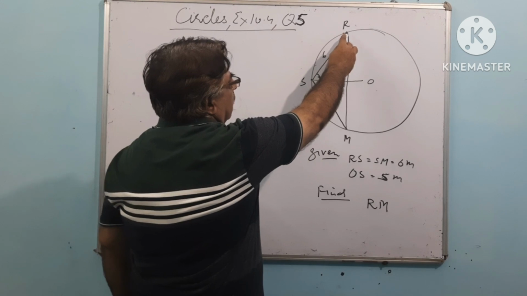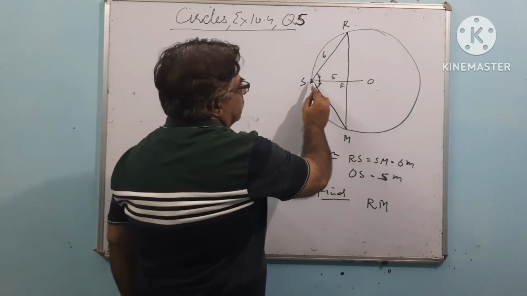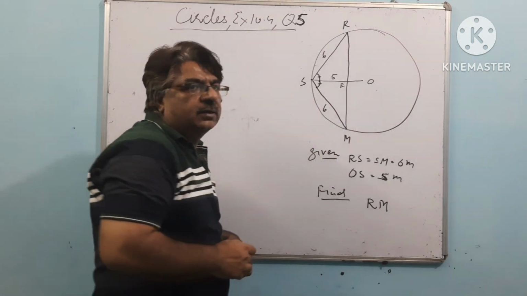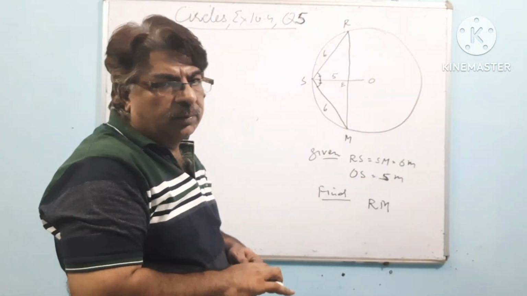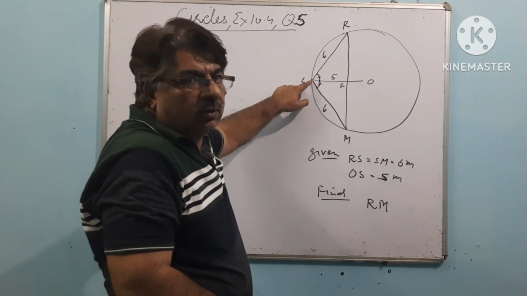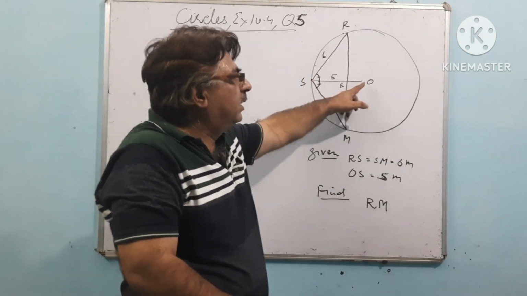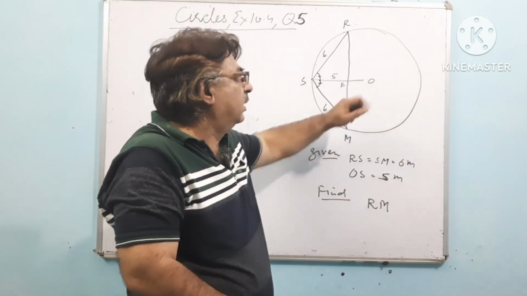Angle RSO and MSO are equal, by the property of the point of intersection of two equal chords and the line joining it to the center of the circle.